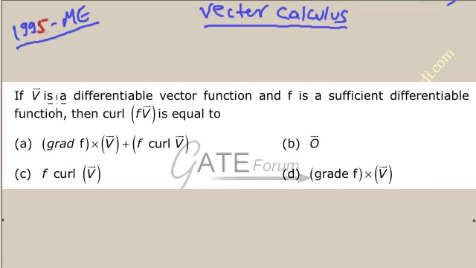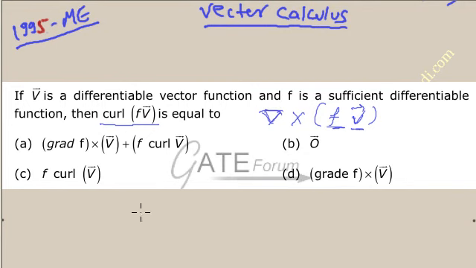This is the question from 95. If v is a differentiable vector function and f is a sufficiently differentiable function, then curl fv is equal to. So this curl fv can be written as del cross fv. There are two things to which this del can be applied.